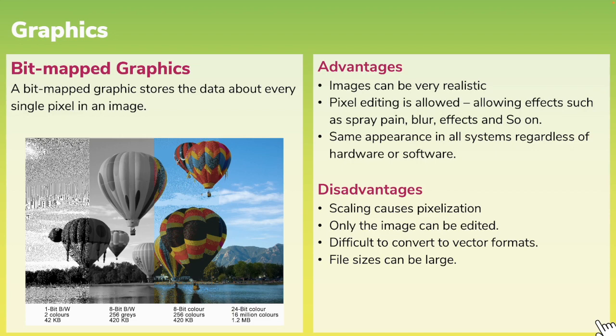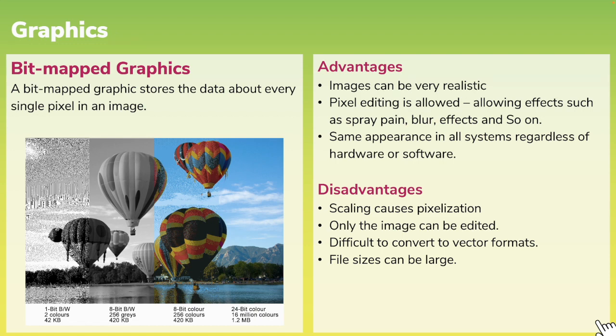At National 5 we looked at bitmap and vector graphics, and this is really just a summary. A bitmap graphic stores the data by every single pixel in an image. This means that images can be very realistic, and we're able to identify and edit each individual pixel. And no matter the software that we use, the image will always look the same.